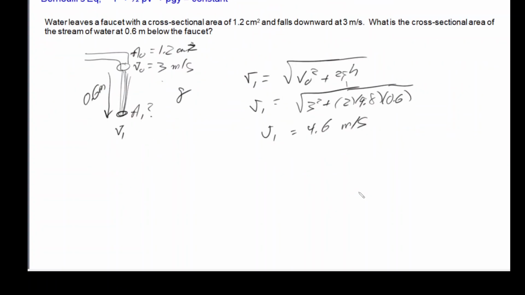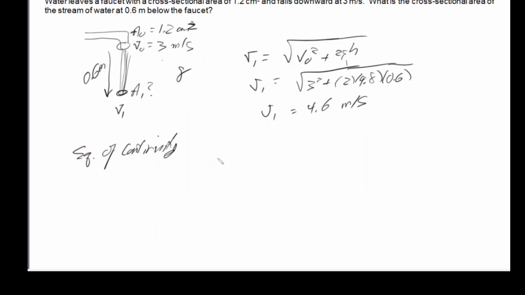V1 and we want to find the area A1. So we're going to use our equation of continuity. And as you know, A0 times V0 equals A1 times V1, or A1 is equal to A0 V0 over V1.